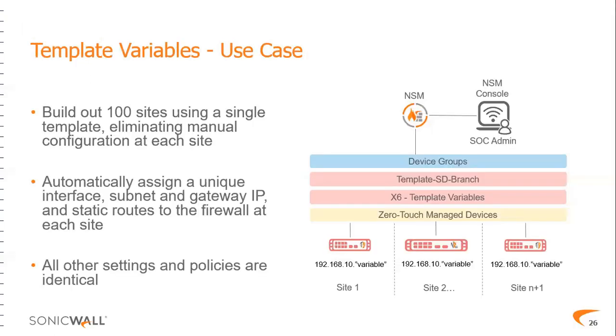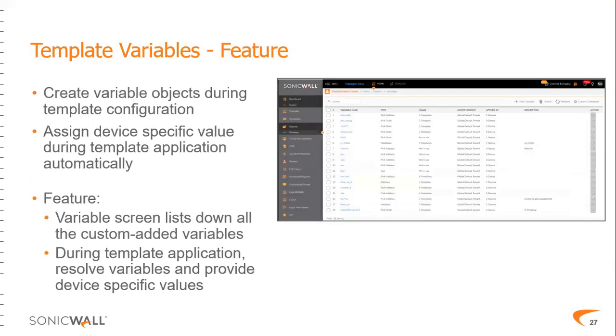For the template use case, you can build more than 100 sites using a single template, eliminating the manual configuration at each site. It will automatically assign the interface, the subnet or the gateway, and the static route at the firewall edge of each site. All your other settings and policies are also identical. So this is the template to deploy. This is very convenient.